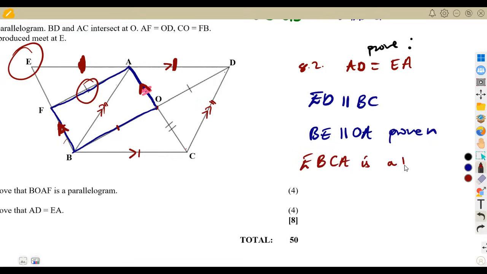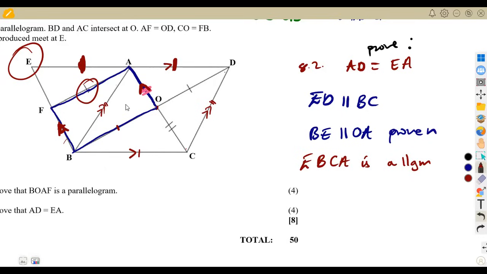It's going to be a parallelogram, because we've got two pairs of parallel sides, just like what we had. Remember how we proved a parallelogram before. We are using the same thing to prove it. It's one and the same.